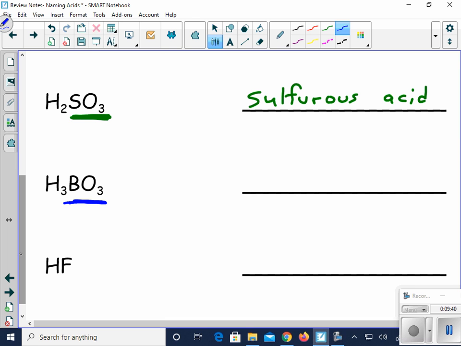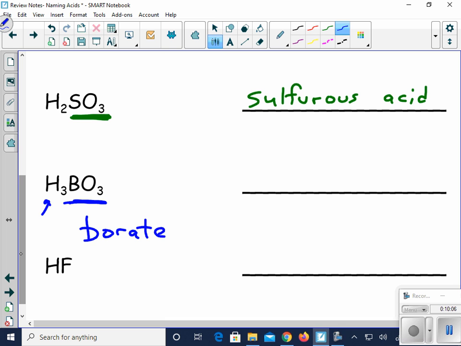Now, this gives me a little hint here, right? How many hydrogens do I have? 3 of them. So where should I be looking for charges? 3 negatives, right? So I'm looking at my 3 negatives, and I find BO3 to be borate.